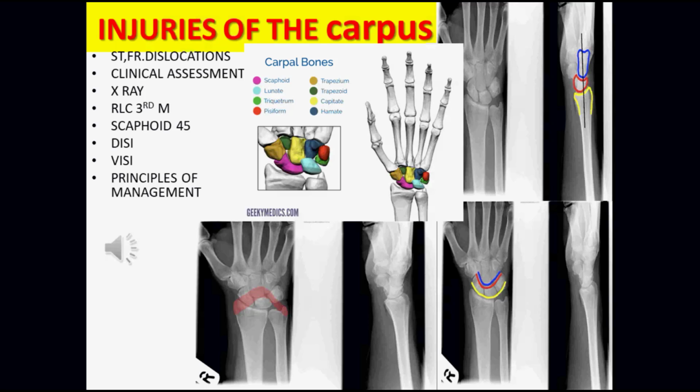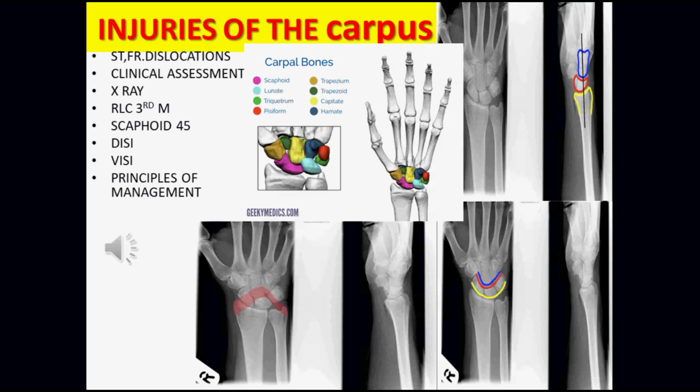These three bones with the third metacarpal are arranged in a line. So the line that passes through the radius will pass through the lunate, through the capitate, and to the third metacarpal. Any of the bones deviated from this line indicates that this bone has been dislocated.